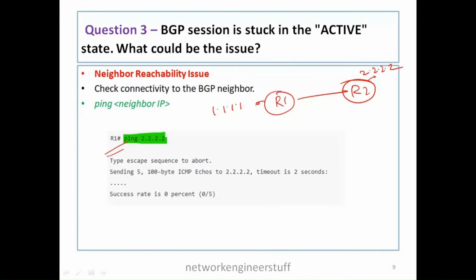So from R1, if this particular IP 2.2.2.2, the IP of the neighbor router itself, is not reachable, the neighborship will not form and the neighborship will be stuck. The BGP session will be stuck in active. So this is one of the reasons.